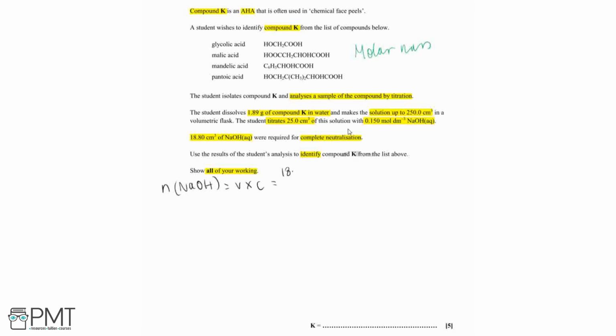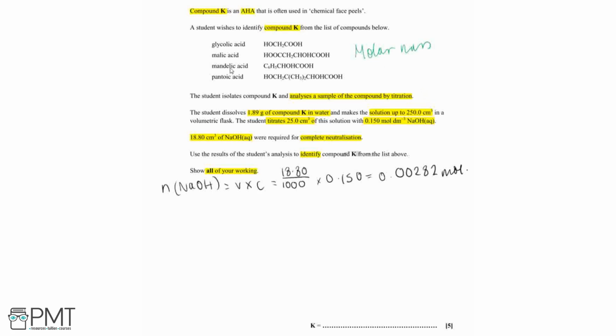We just need to make sure that we divide our volume by 1,000, so that we're converting it into decimetres cubed, which is the appropriate unit because that matches up with the concentration units. This multiplied by 0.15 gives us moles of 0.00282 overall.